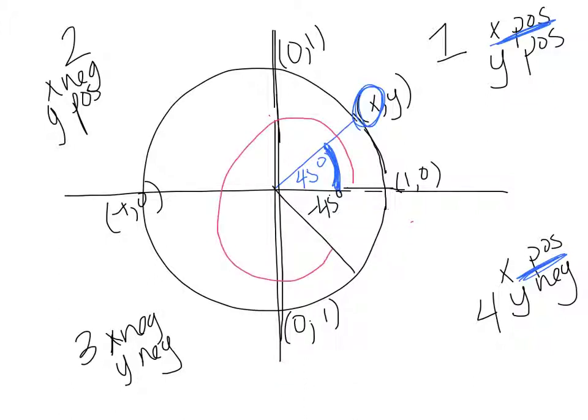If I started at the initial side, so I started at 0 and wrapped my way around the circle, that would be 315 degrees. How do we know it's 315? 360 minus 45 would give us 315 degrees. So another angle, positive with the same x-coordinate, would be 315 degrees.